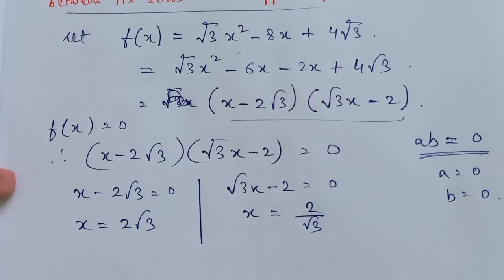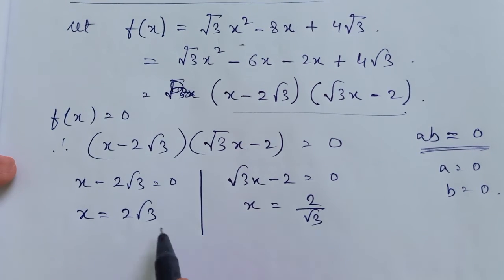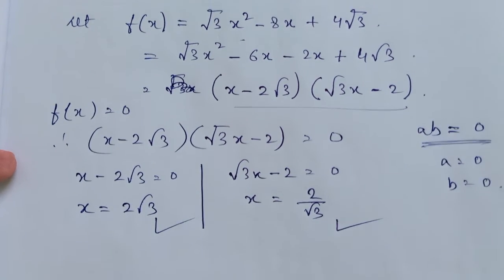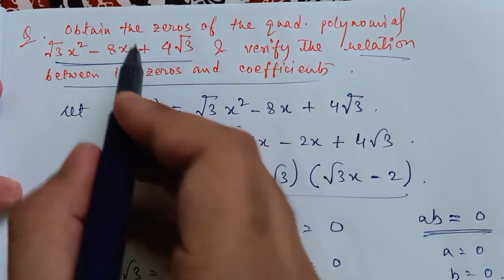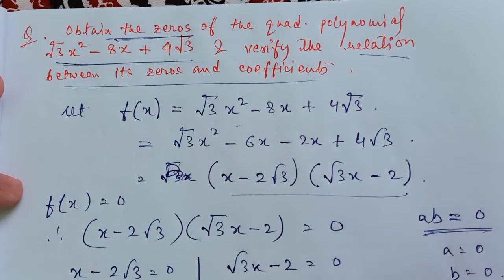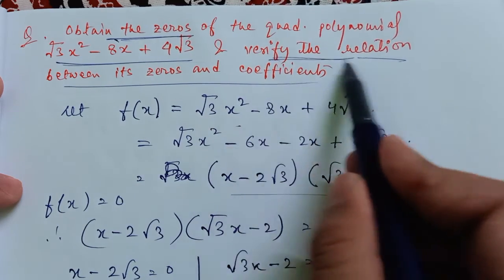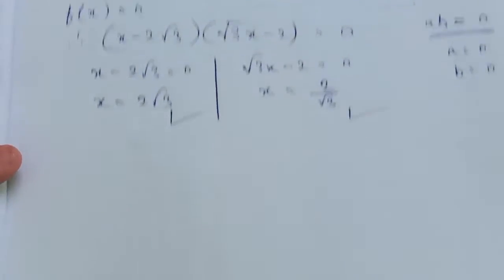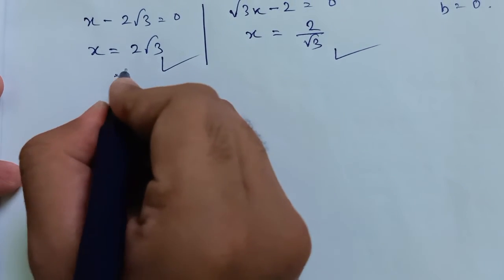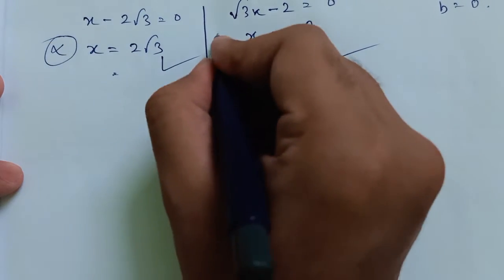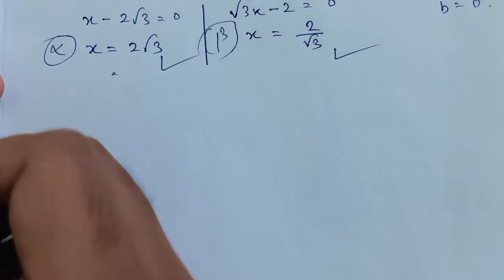So these are the two zeros you are getting upon factorization. Now we have obtained all the zeros, this is done, and now we have to verify the relation between its zeros and coefficients. So I can say this is my alpha and this is my beta, okay.